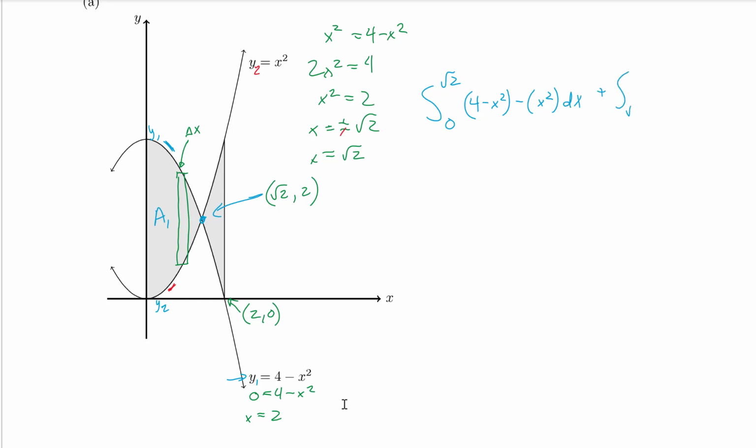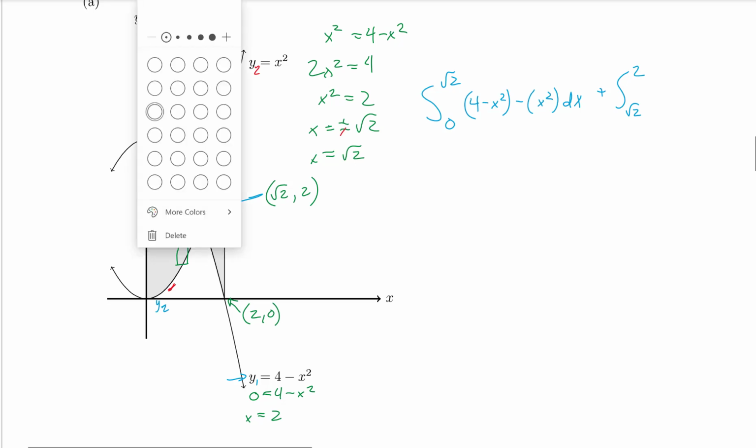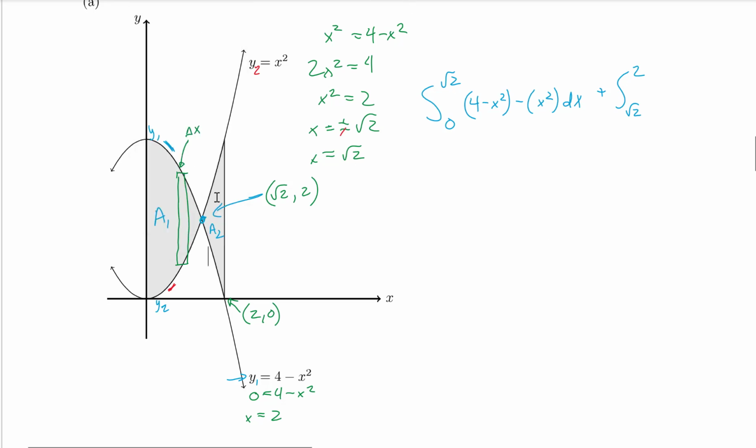And then we're going to do the integral from square root of 2 to 2 to calculate A2. And now we're going to need to switch our upper and lower bounds because our functions have switched which one is on the top and which was on the bottom. So we're going to get x squared minus (4 minus x squared) dx for area 2.